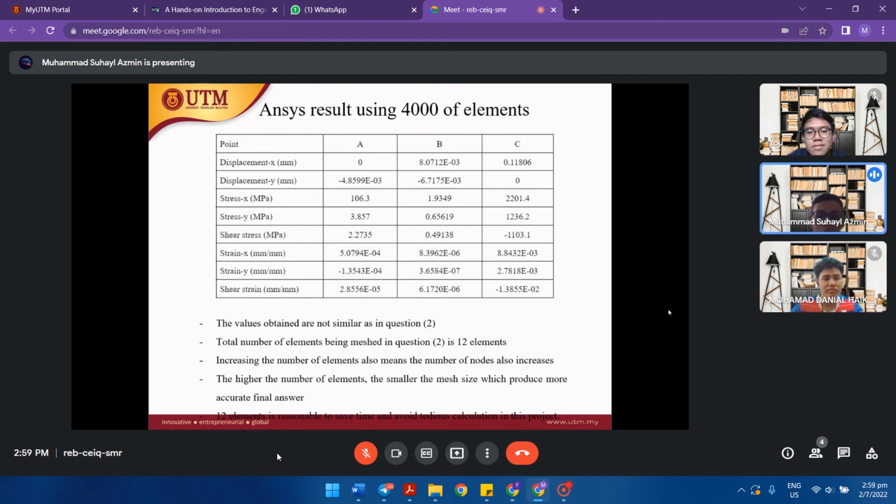By increasing the number of elements, the number of nodes also increases. And when the number of elements is increased, the mesh size is smaller, which helps to produce a more accurate final answer. However, in our project, 12 elements is reasonable to save time and avoid tedious calculation. Next, I will pass to the third presenter, which is Muhammad Afiq Irfan.